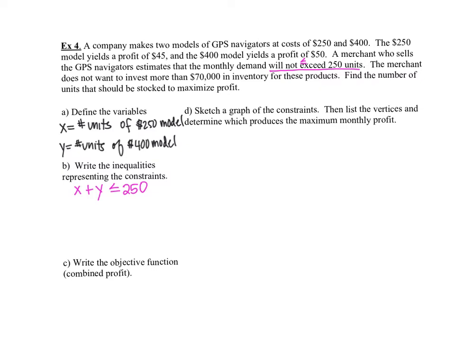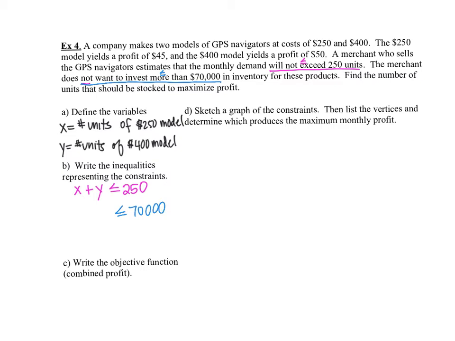Okay, I'm going to look for another inequality because one is not going to be enough. The merchant does not want to invest more than 70,000 in inventory. So that sounds like an inequality. It says not more than 70,000. So if it's not more than 70,000, it could be less than or equal to.